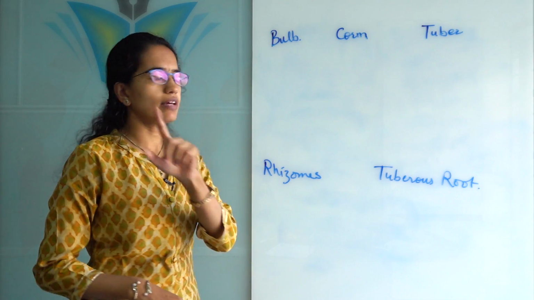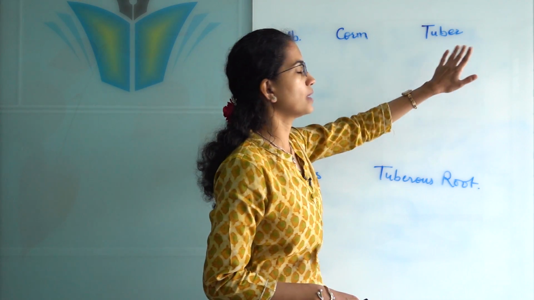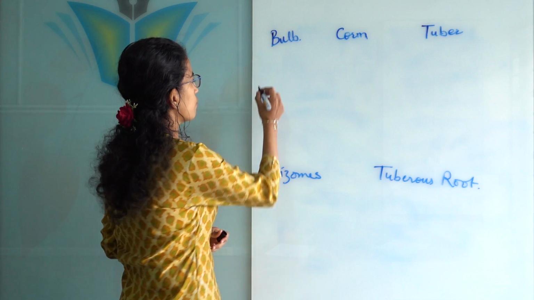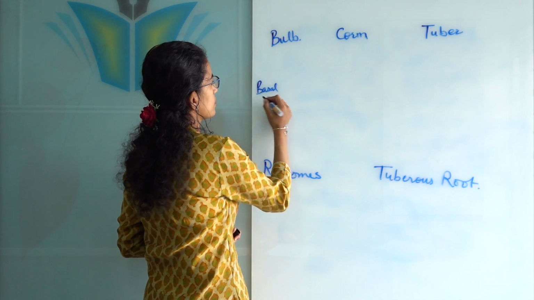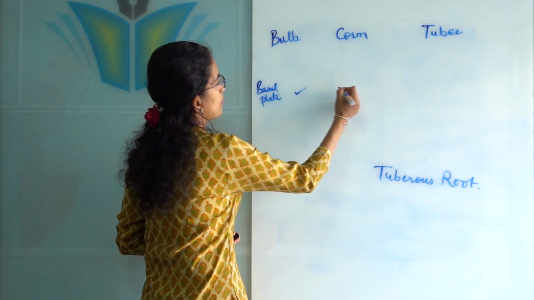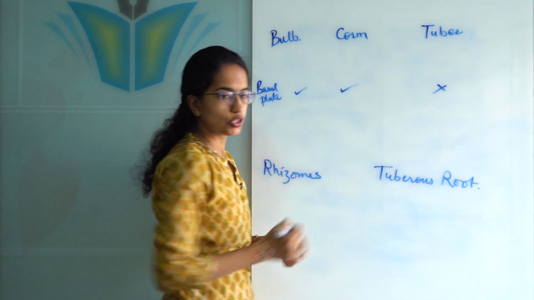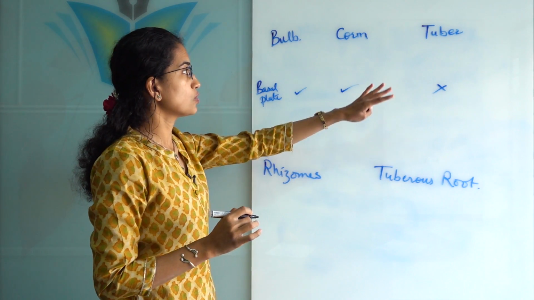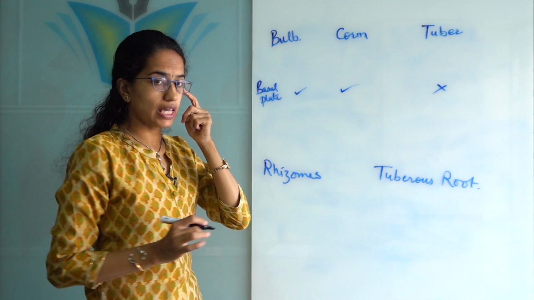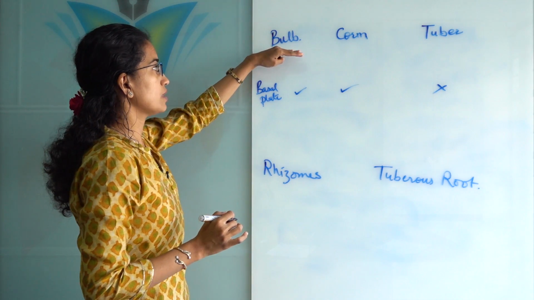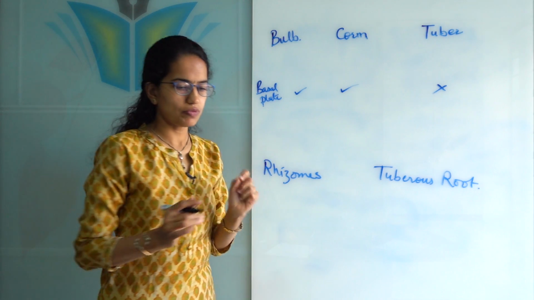The most important difference between the bulb, corm and tuber exists with the basal plate. The basal plate is present in bulb and corm, it is not present in tuber. That is the major difference that we cite here. Now, to begin with bulb, what is the characteristic of the bulb?